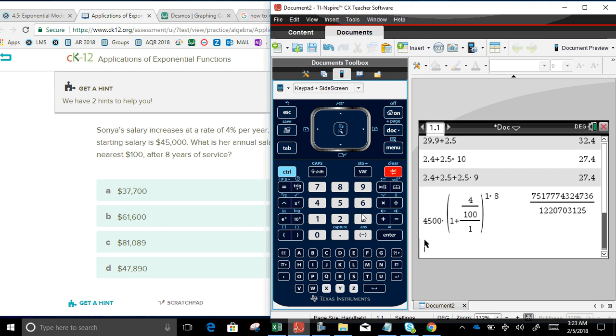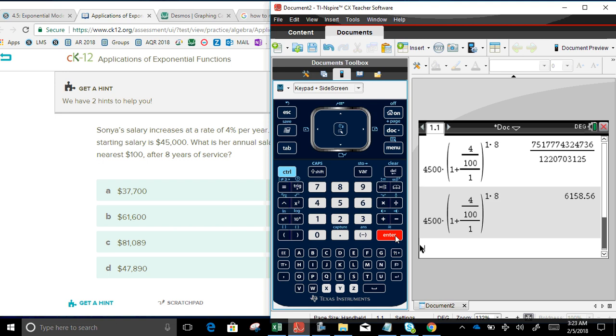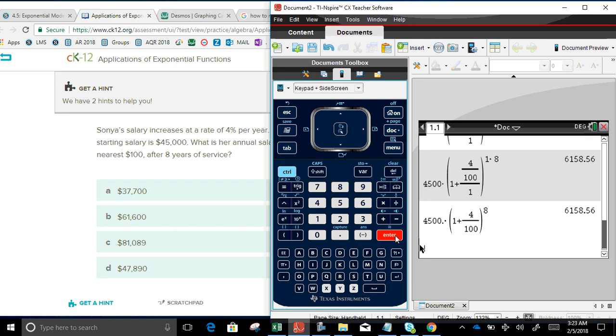You can also do this. You can do Control Enter to get the decimal, or type 45,000.00 times 1 plus 4% to the power of 8, 61,58, which is 61,00.